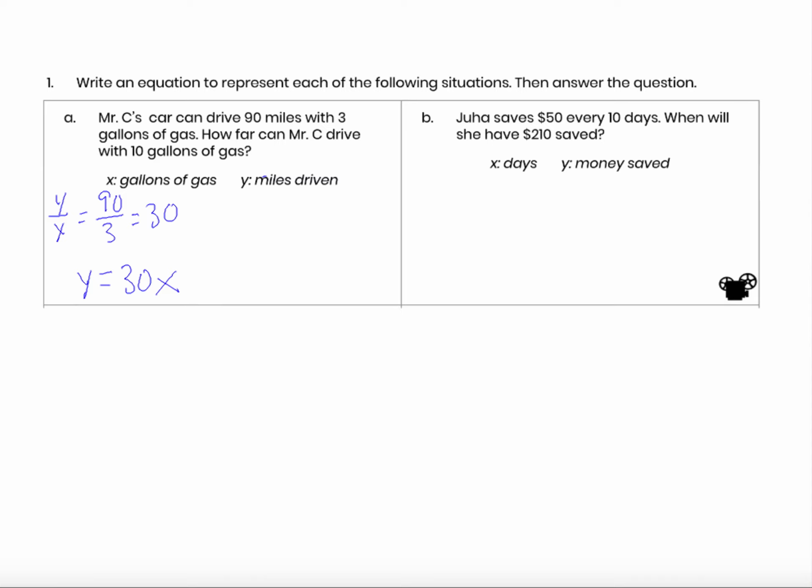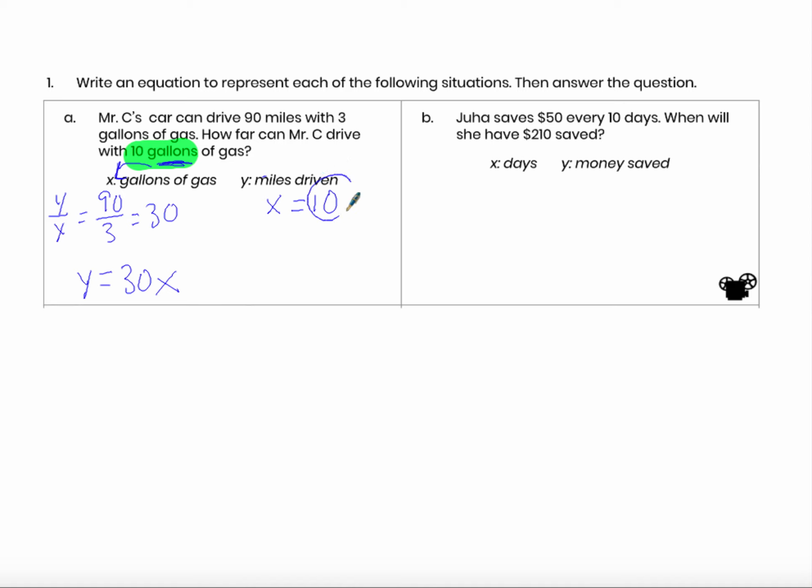Now I need to figure out what kind of question I am being asked. My question is, how far can Mr. C go with 10 gallons? So I'm looking for the unit here. My unit is gallons. That means I am given x. So what I know is that x equals 10.